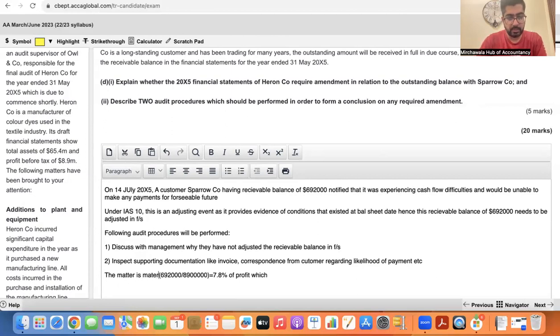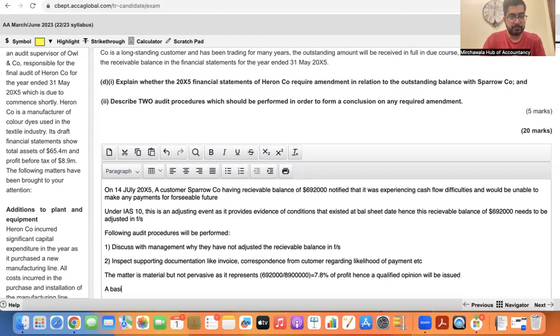The matter is material but not pervasive, as it represents 7.8% of profit. Hence, a qualified opinion will be issued.